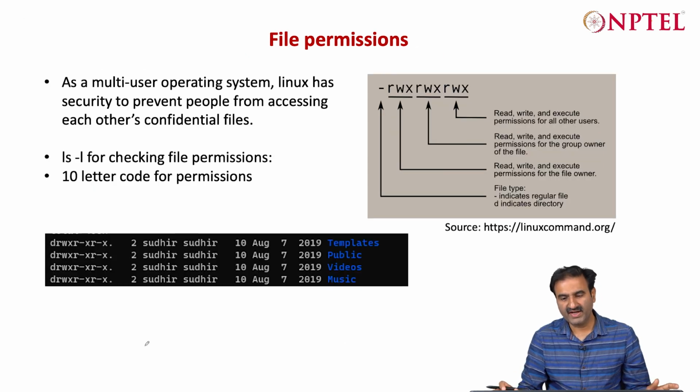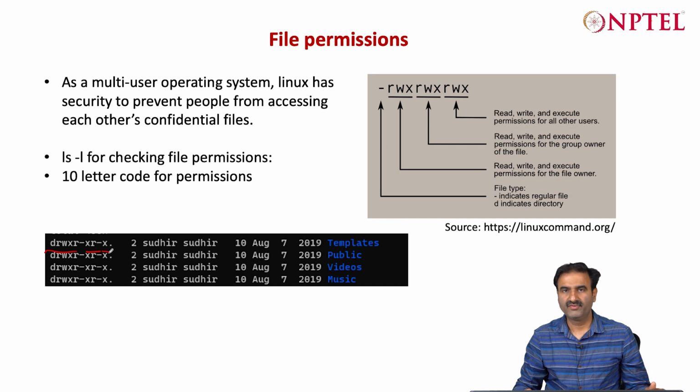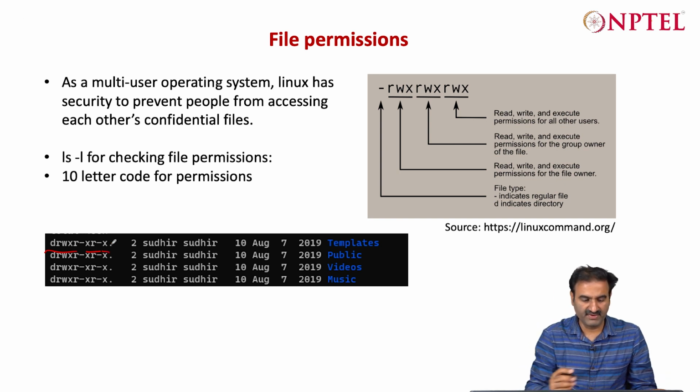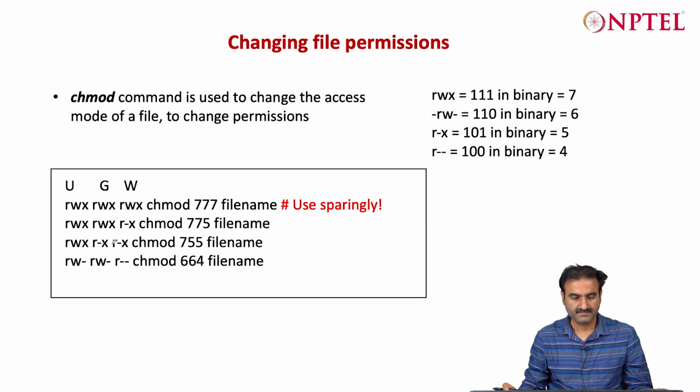Then each file has some permissions: read, write and execute. If you do ls -l, it will tell you the permission level of the file. So this one is for public, so basically you always want to specify what permission is for the public and what permission is for the user and so on.